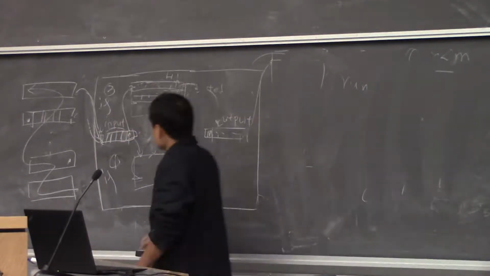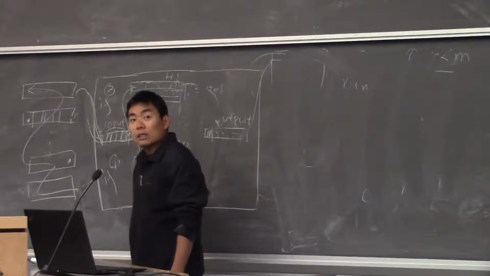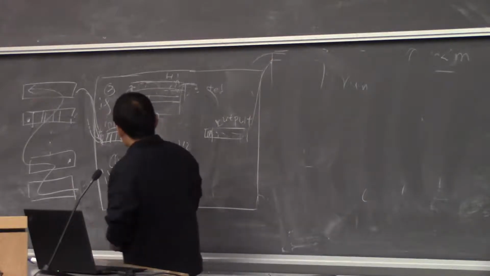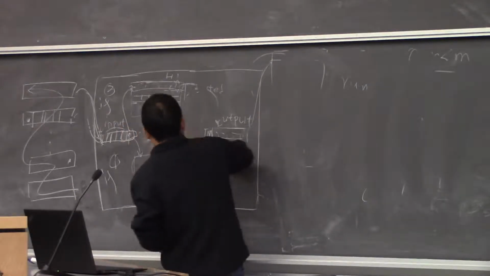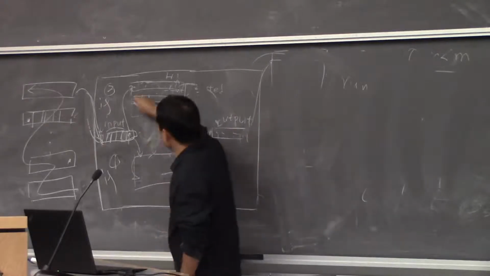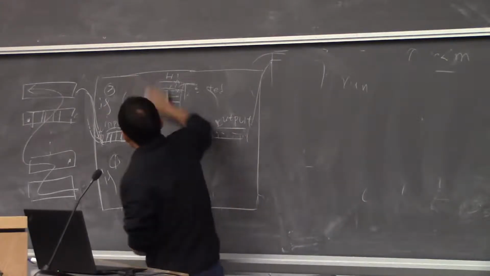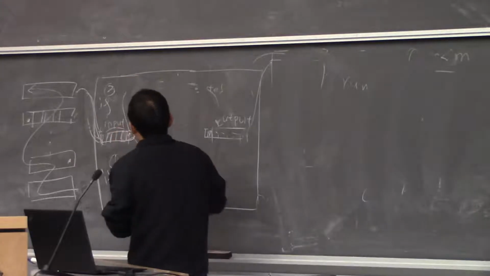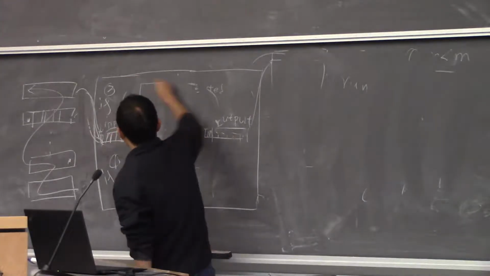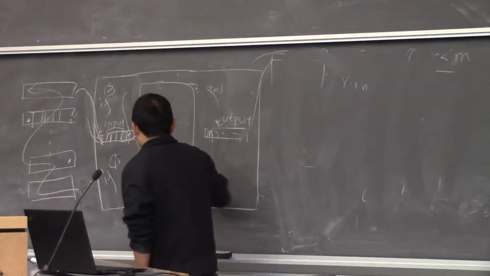However, we can fix this somehow. We can initialize by what? By reading. Initially, what I'm going to do is allocate all the available pages. I'm going to make H1 arbitrarily large and H2 as small as possible.